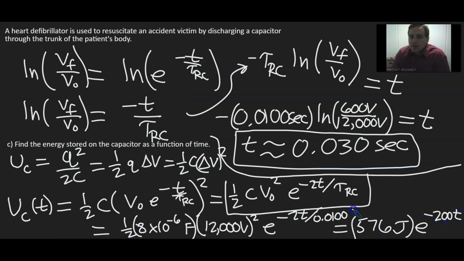Okay, so that's a pretty nice function. That's not so hard to plug in and use. So that's going to be the exact exponential decay equation for the energy stored in the capacitor as a function of time. In fact, with this factor of 2, it'll decay sort of, not necessarily twice as fast, but you get the idea. It definitely decays at a more rapid rate when you consider the derivative.